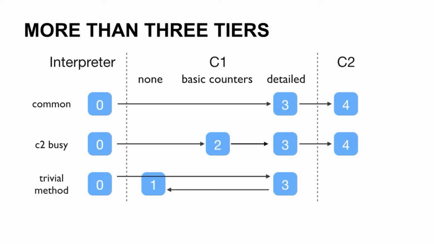Detailed information actually adds 30% to the overhead. That's why we don't want to do it if C2's busy. And counters add that overhead too. For this case, we just compile at Tier 1. The idea is, for trivial methods, C1 is just as good as C2. Our end goals for tiered compilation are actually Tier 4, C2 for complicated methods, and Tier 1, which is C1 with no overhead for simple methods.